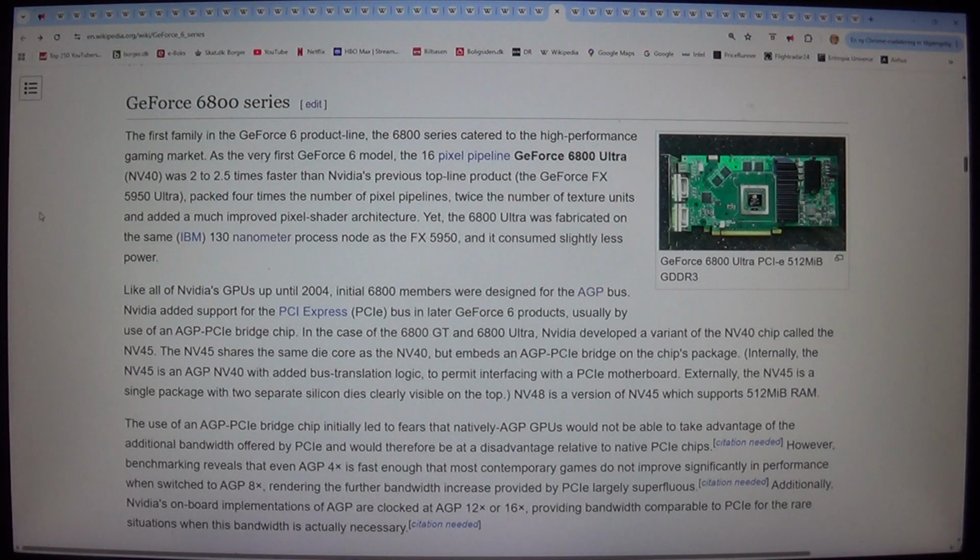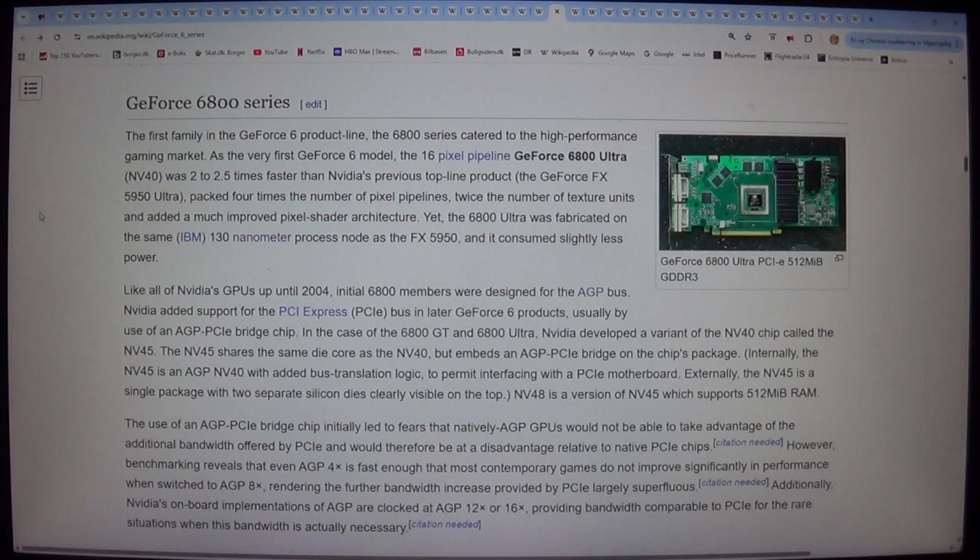Like all of NVIDIA's GPUs up until 2004, initial 6800 members were designed for the AGP bus. NVIDIA added support for the PCI Express (PCIe) bus in later GeForce 6 products, usually by use of an AGP-PCIe bridge chip. In the case of the 6800 GT and 6800 Ultra, NVIDIA developed a variant of the NV40 chip called the NV45.